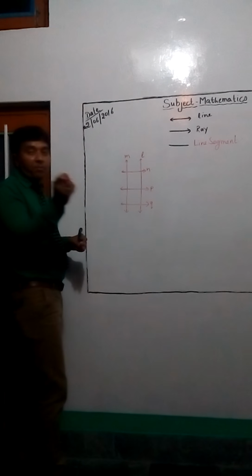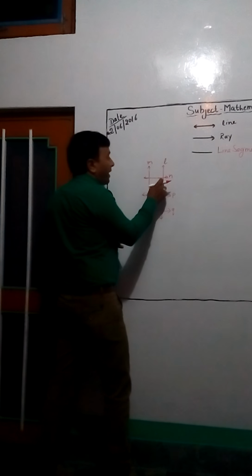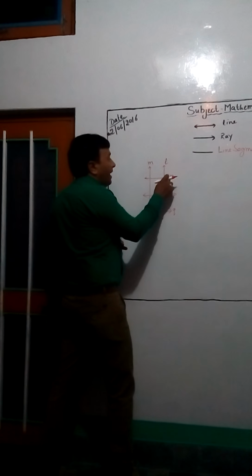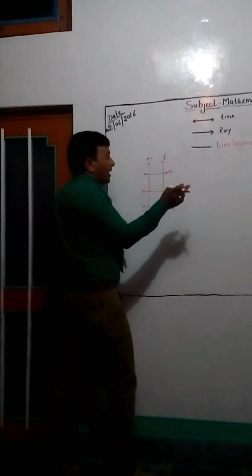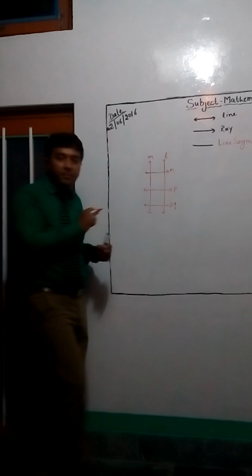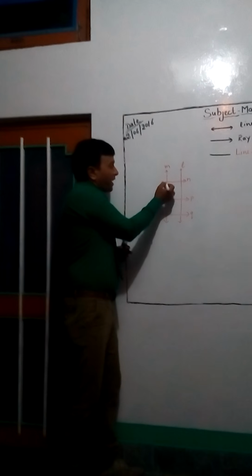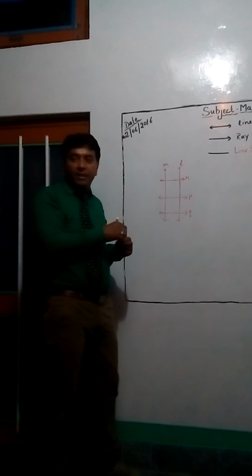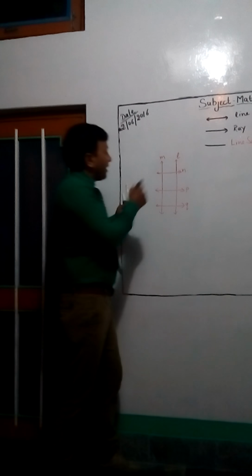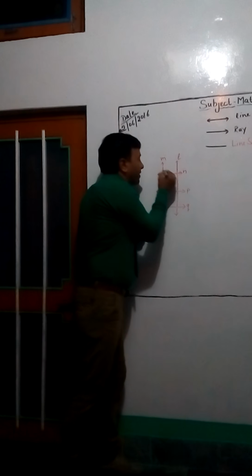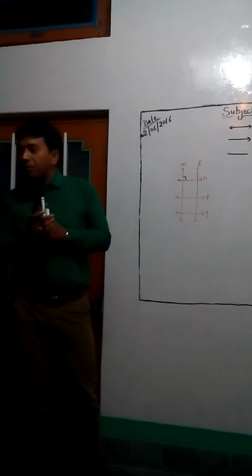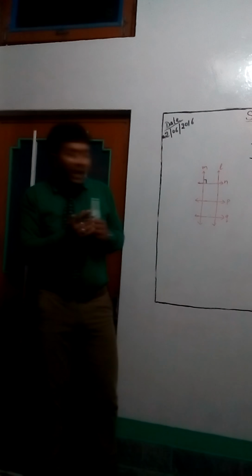The second part of the topic is, if you look at line L, line N and line M, they are intersecting at this point. And if you measure this angle, it will come to 90 degrees.